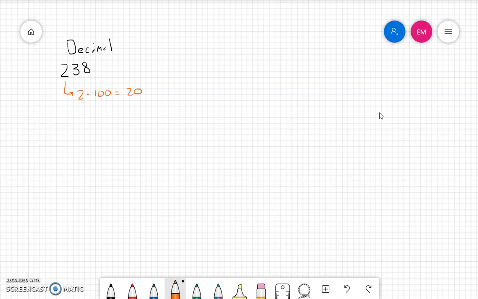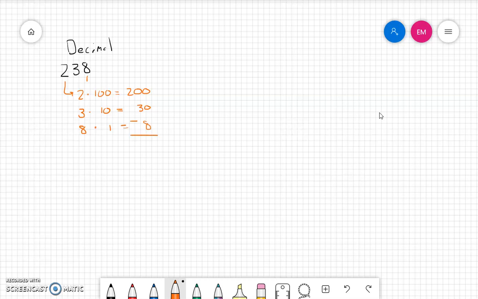So that gives me an equivalent amount to 200. I also have 3 in the tens place value. That gives me 30. And I have 8 here in the ones place value. So I have 8 times 1, and that gives me 8.